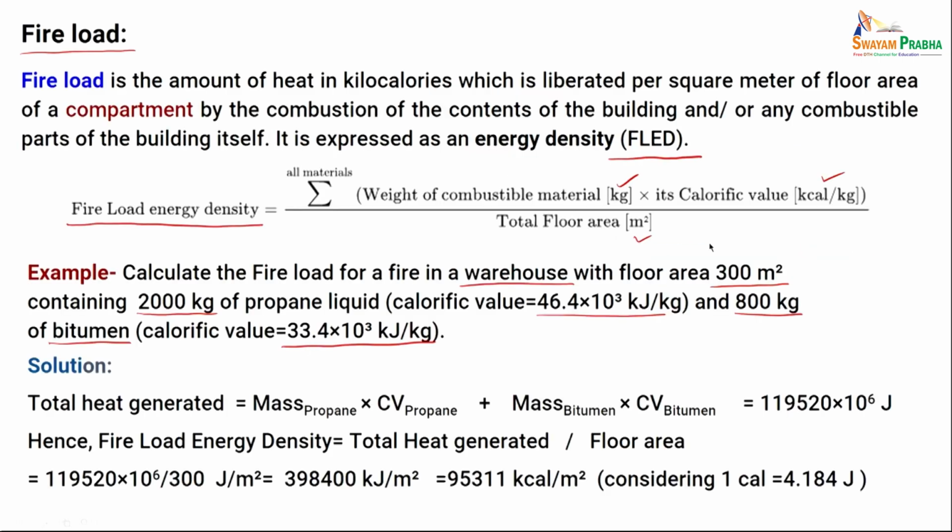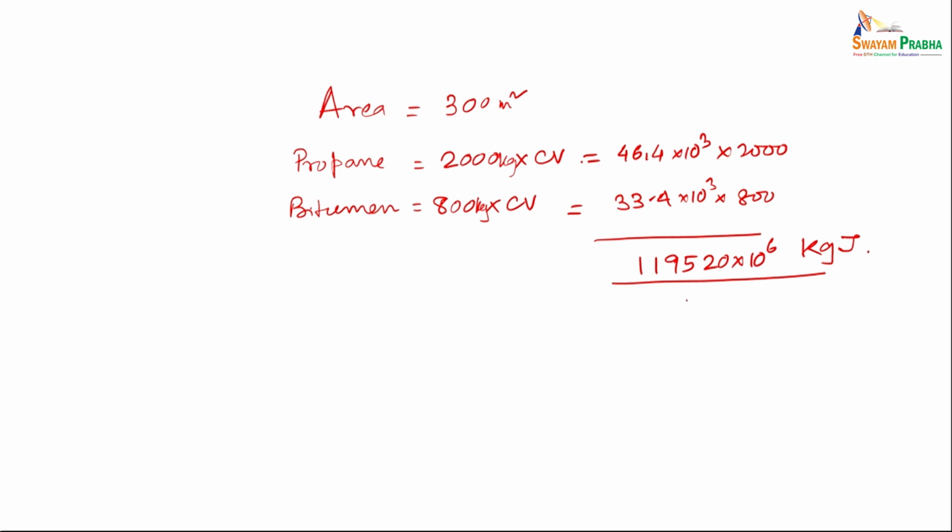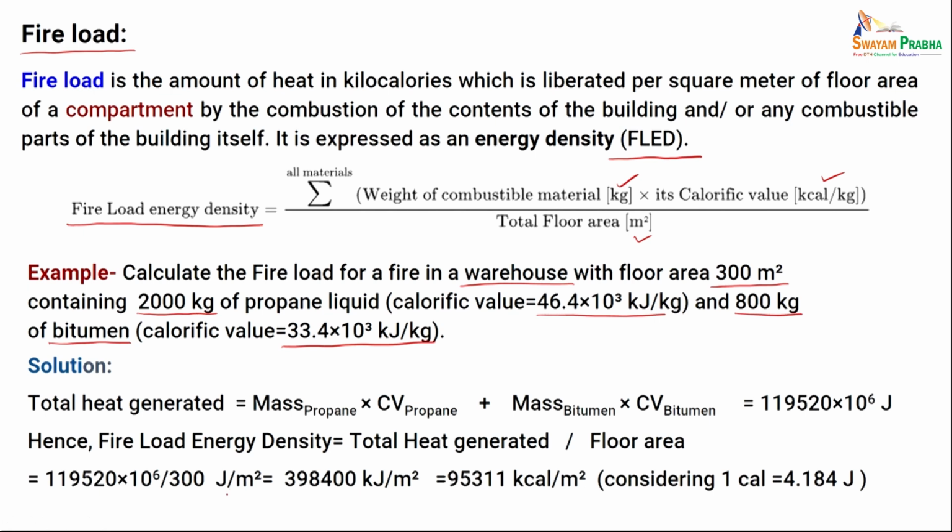And then the fire load energy density will be total heat generated divided by the floor area. So, we have to divide this value by 300 to get the fire load energy density, which will come in joule per meter square, and then it is converted into kilocalorie per meter square by considering 1 kilocalorie as 4.184 joule.